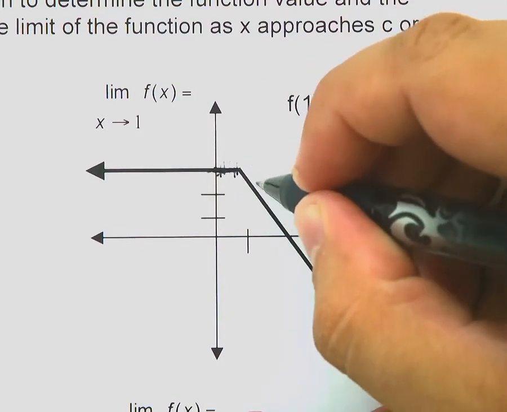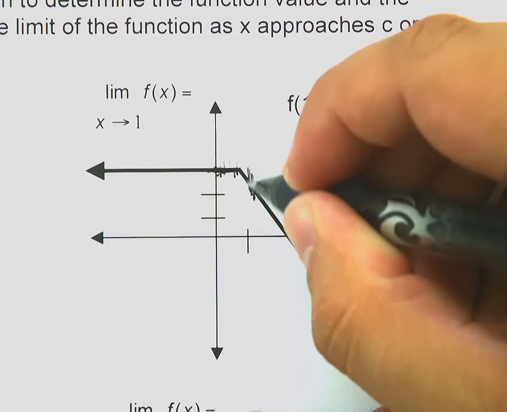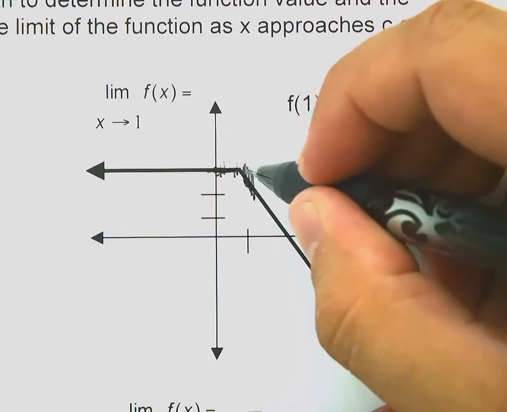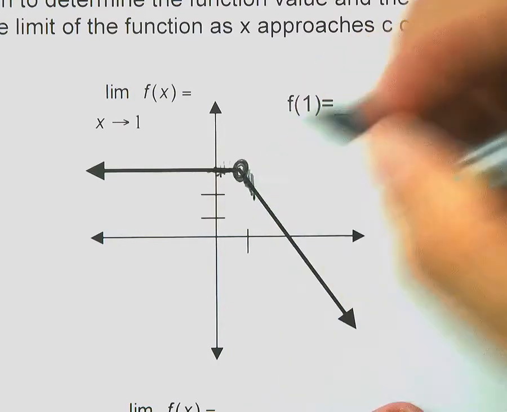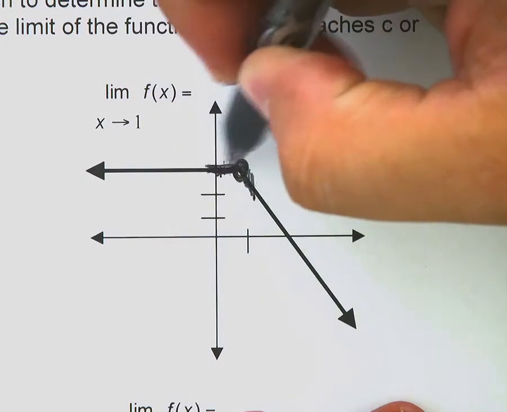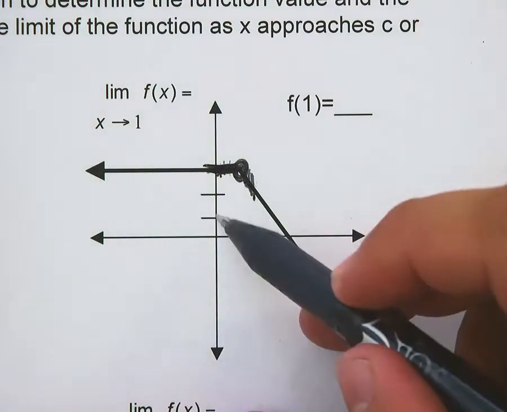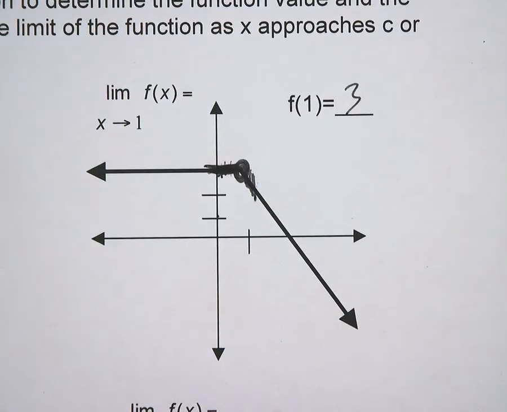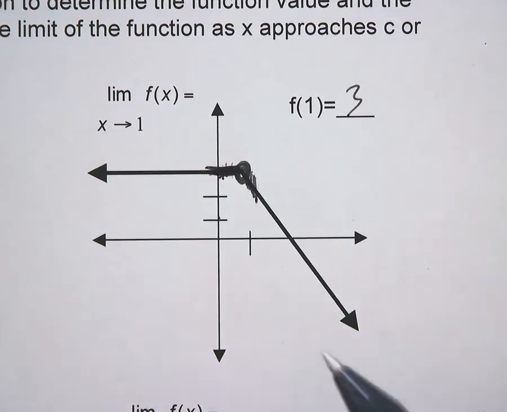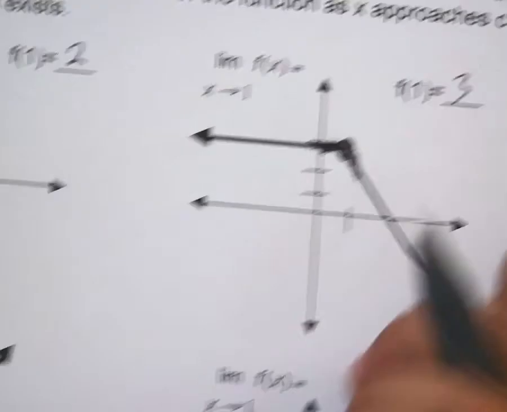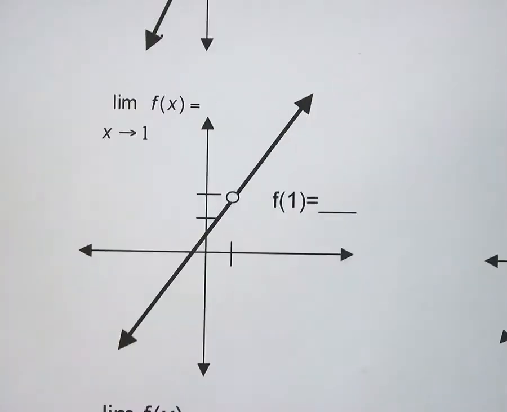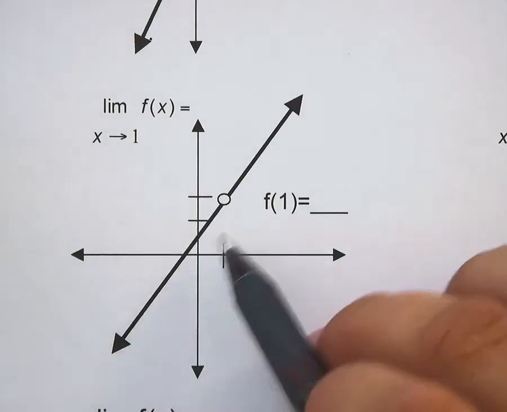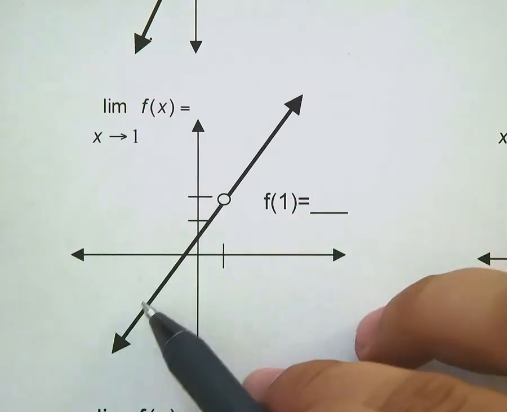Same way from this direction, as x gets really close to 1 this way. I know it's a little off, but that's okay. What value is your y getting close to? 1, 2, 3. Alright? It's pretty simplistic. As x goes to a number, your function goes to something. As x goes to 1, what does the function go to?